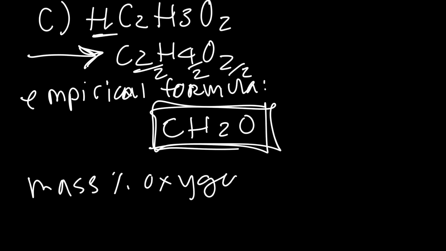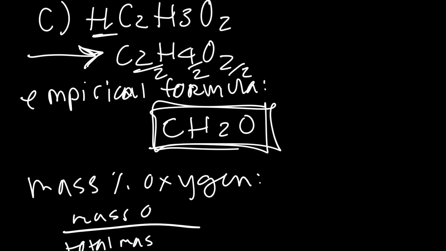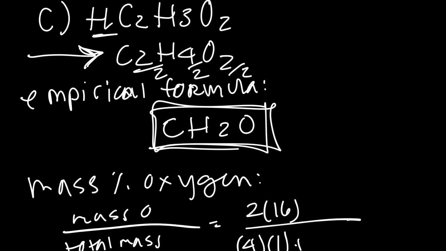Now, for the mass percent oxygen, we're going to have the mass of O over total mass, which is 2 oxygen atoms times 16 AMU over 4 hydrogen atoms times 1 AMU plus 2 carbon atoms times 12 AMU plus 2 oxygen atoms times 16 AMU.